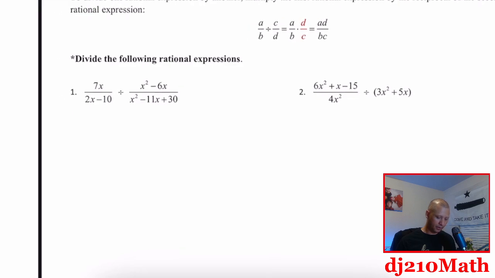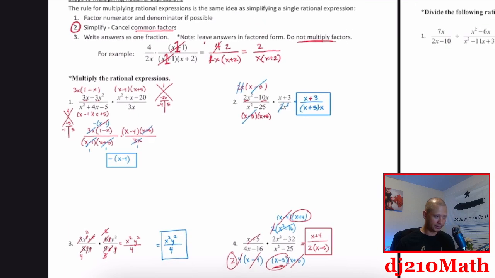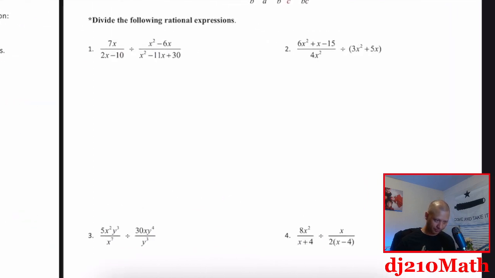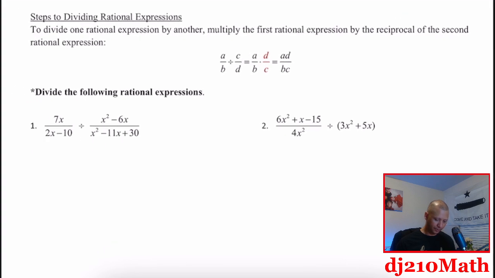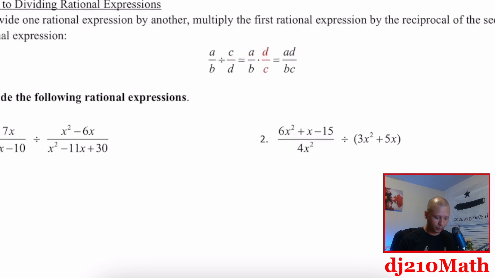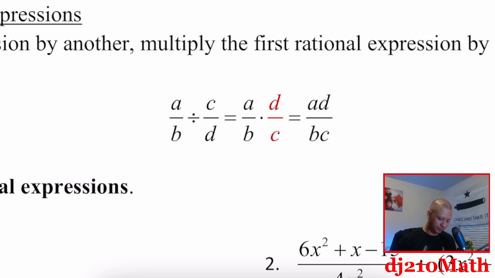So now, this is the front page. This is multiplying. I said we're going to divide next. So when you're dividing, there are all these little different methods, right? One of the methods that really sticks is, when you're dividing rational expressions, you always flip the second one.